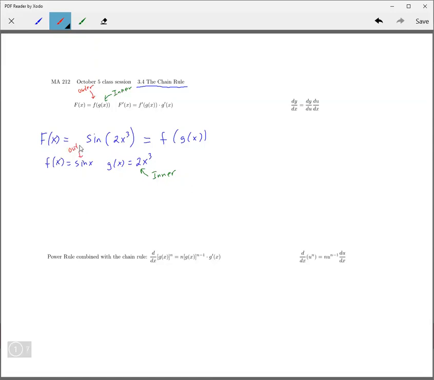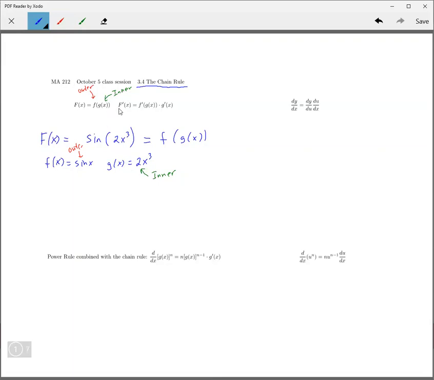You can kind of see that the sine is on the outside, and the inner is inside. It's usually inside parentheses, not always. It just depends. But it's an expression that another function is acting on as a whole. So that's the inner function.